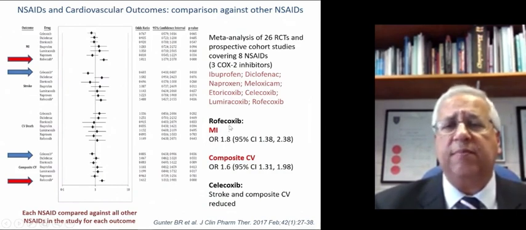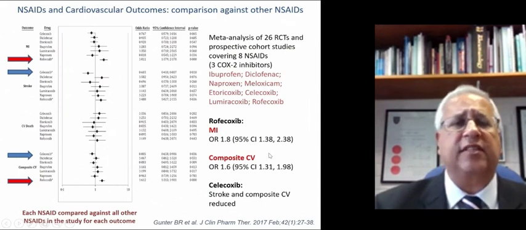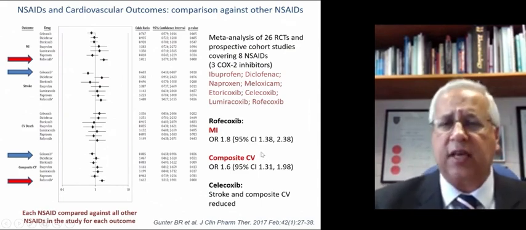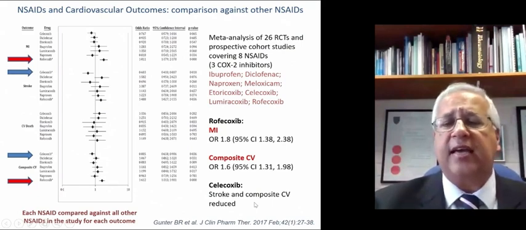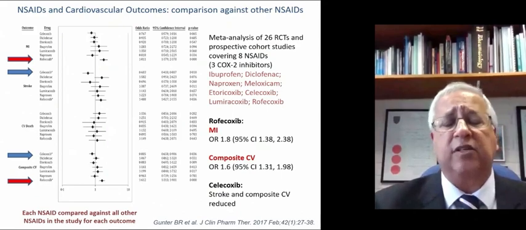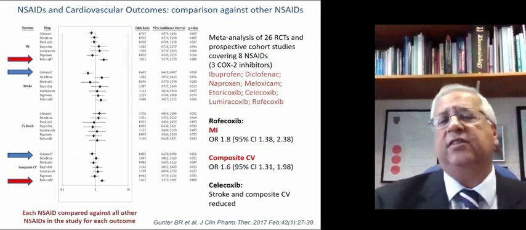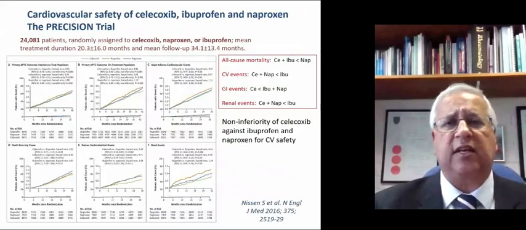So rofecoxib is clearly associated with an elevated risk of myocardial infarction and of a composite cardiovascular MACE type outcome, whereas celecoxib actually has a non-significantly reduced, but towards reduction in direction, risk of stroke and composite cardiovascular.